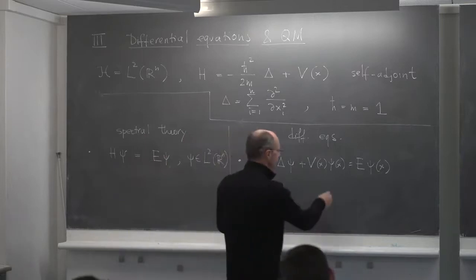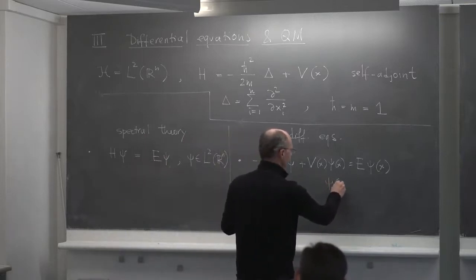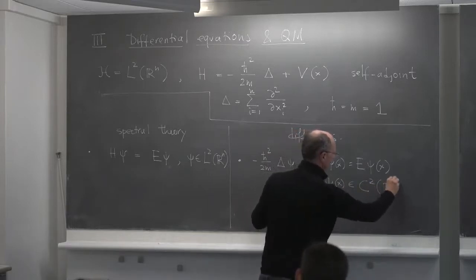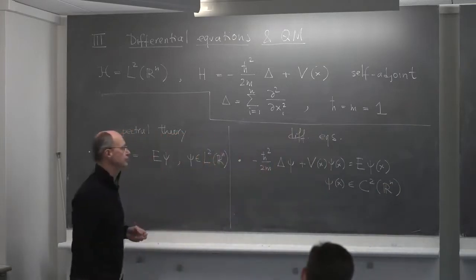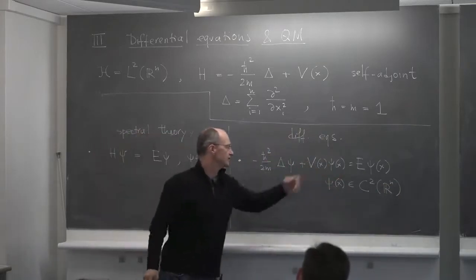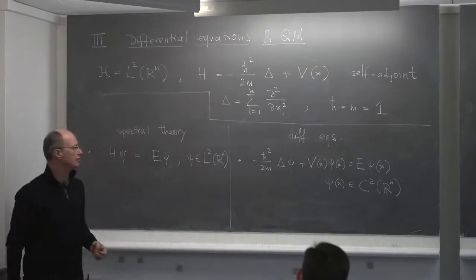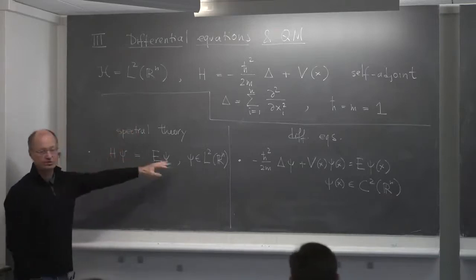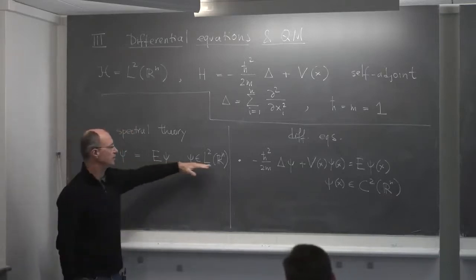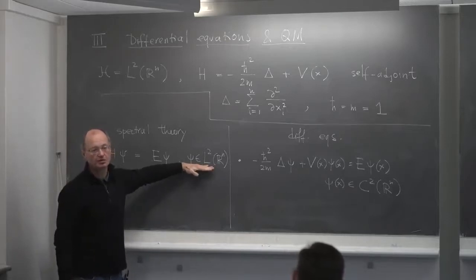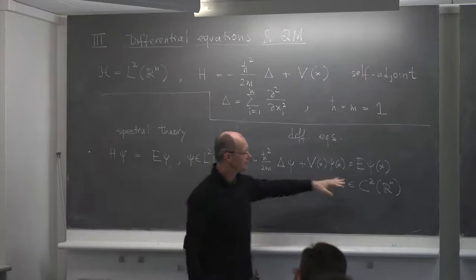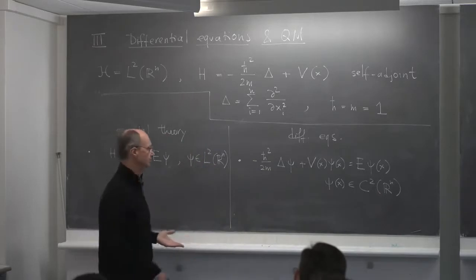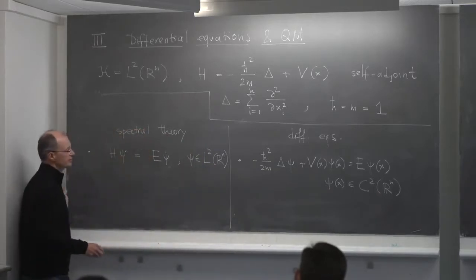And the reasonable thing is to say that psi of x is in the class C2, right? If V is continuous, then it's reasonable to ask for psi to be in the class C2. So note that there is a difference between these two problems. This problem is in L2, or maybe in the domain of definition of H. This problem is in a different class of functions. And this might be relevant for the outcome. So we'll see it in some examples in some minutes from now.